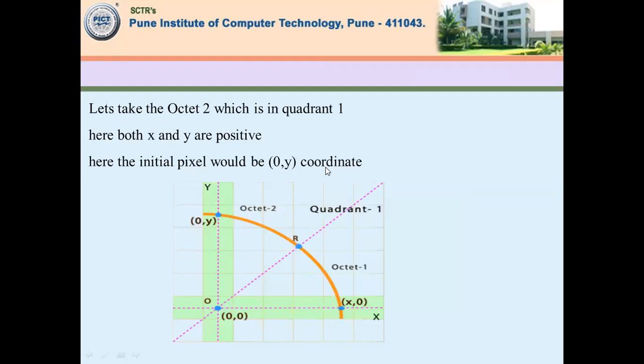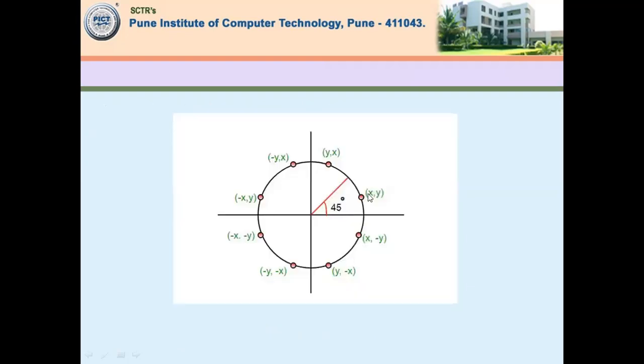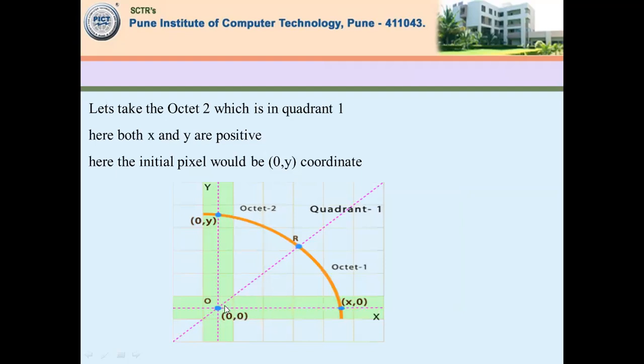So let's take octant 2, which is in quadrant 1. Okay, so this is octant 1. We have seen this first quadrant. We consider this much portion only, that is only the first quadrant, and it is again divided into 2. So this is octant 1, this is octant 2.